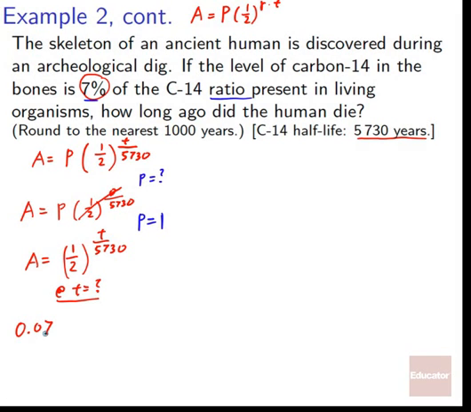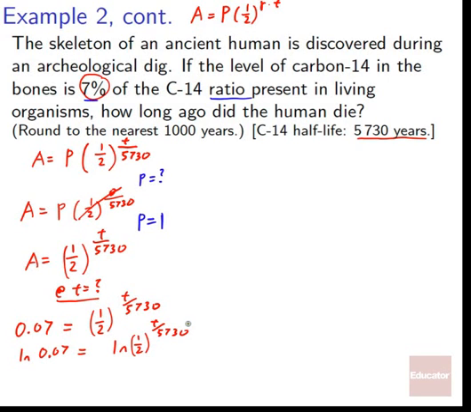The ratio, if it's 7%, is 0.07, with what it originally was, 1/2 to the t over 5730. Now, at this point, we could take log base 1/2, but I just feel like taking the natural log of both sides, because we're going to have to do a change of base later anyway. So we've got natural log of 0.07 equals natural log of 1/2 to the t over 5730.